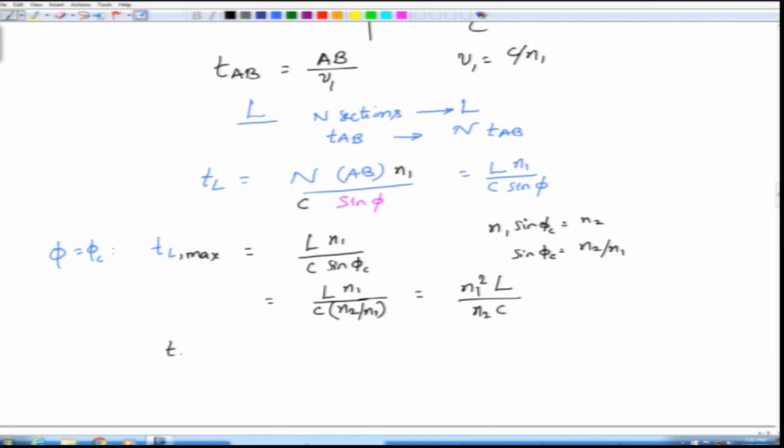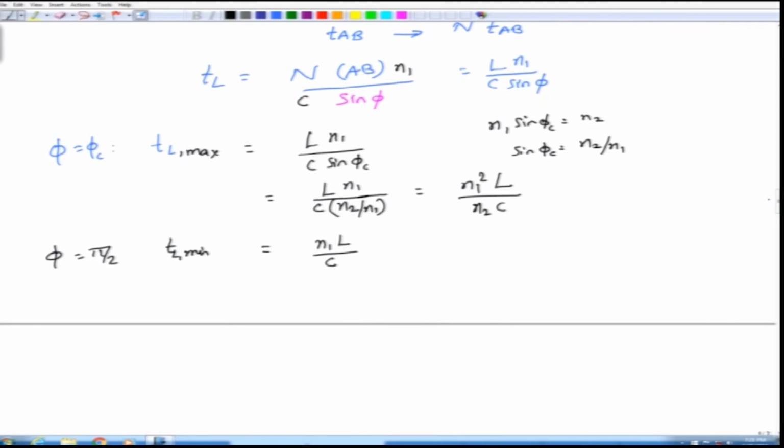When will you get the minimum length? The minimum will happen when phi is equal to pi by 2, at which point sin phi will be equal to simply 1. So, you get the minimum propagation time as n1 L by c. Okay. So, this is the minimum, and if you were to assume that at least the angles phi equal to pi by 2 and phi equal to phi c are excited, then the duration with which the pulse gets stretched will be equal to TL max minus TL min.